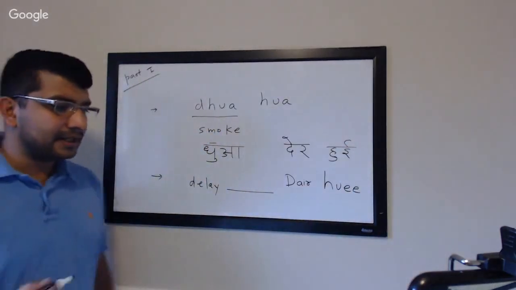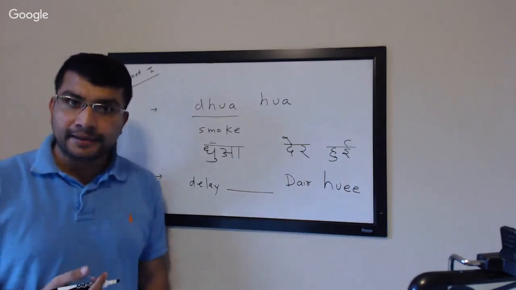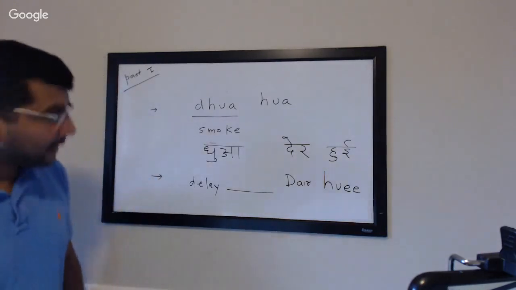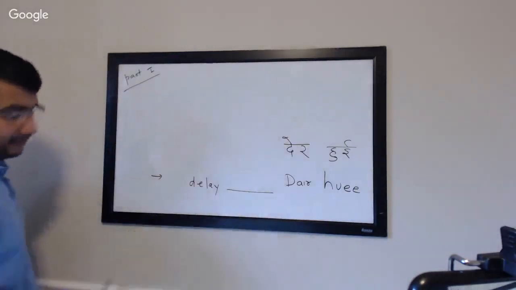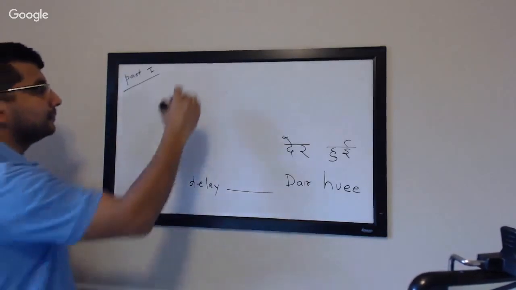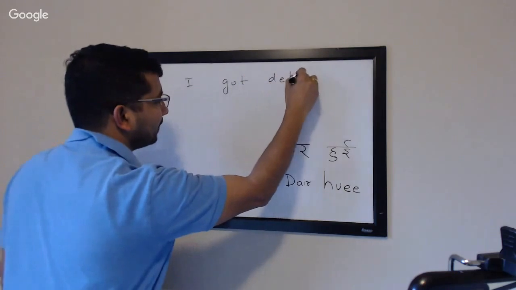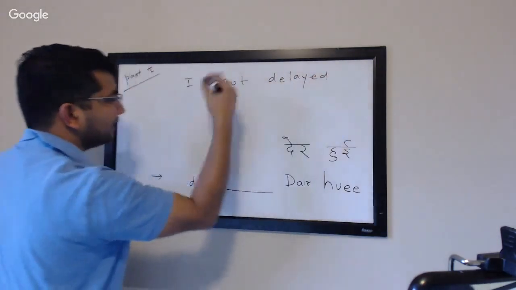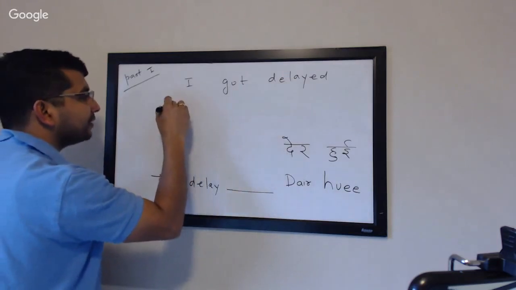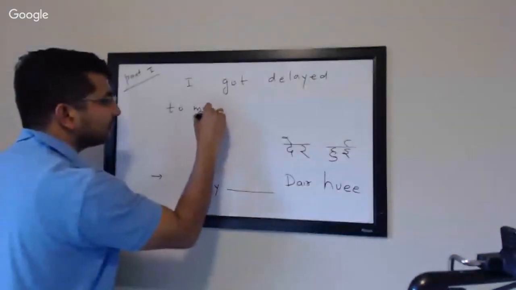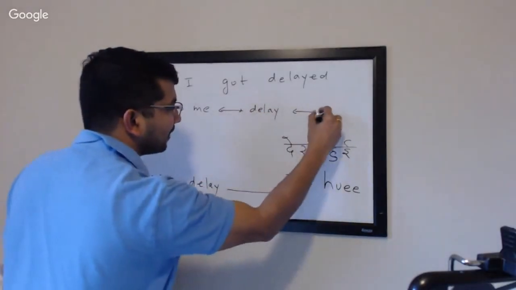And in English you will say, I got delayed. Literally, the parallel form in Hindi is, to me delay happened.